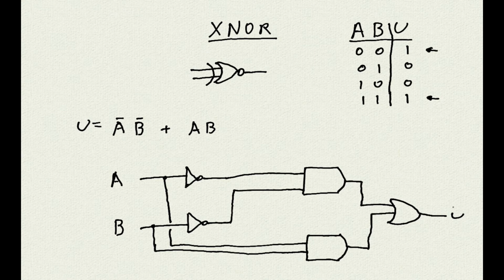We can verify that this circuit satisfies the truth table by noticing that while one of the two AND gates takes A and B, the other one takes not A and not B. As a result, only if A and B are exactly the same, one of the two AND gates will output a 1. Otherwise, if A and B are different, the AND gates will always have a 0 and a 1 as inputs, which will cause them to output a 0, both of them.